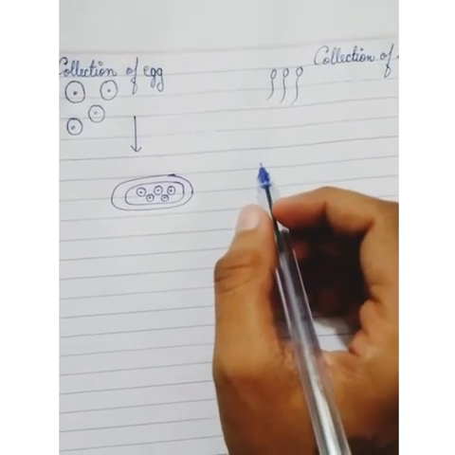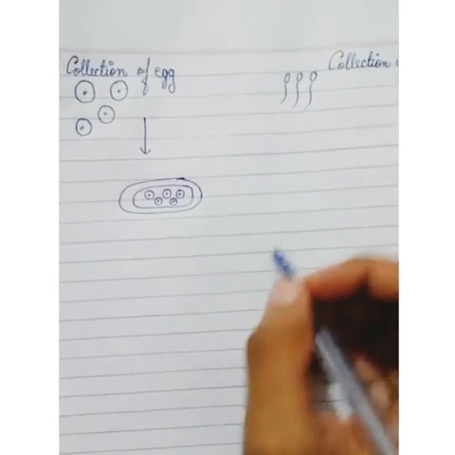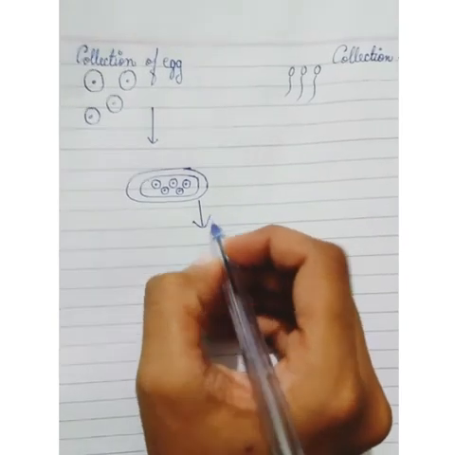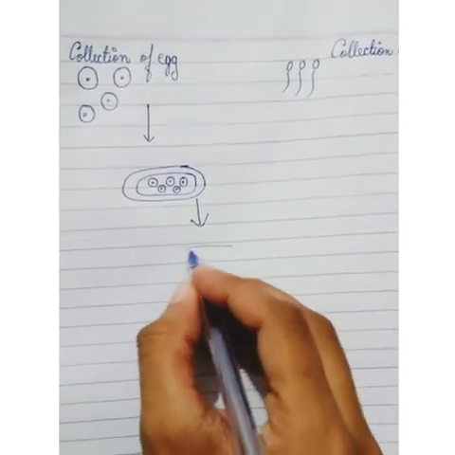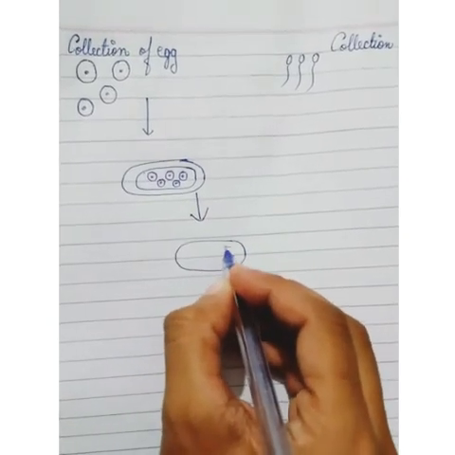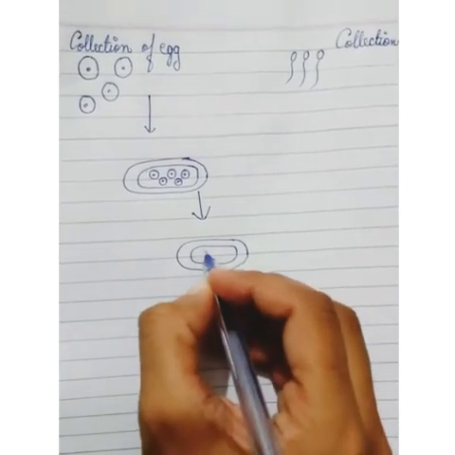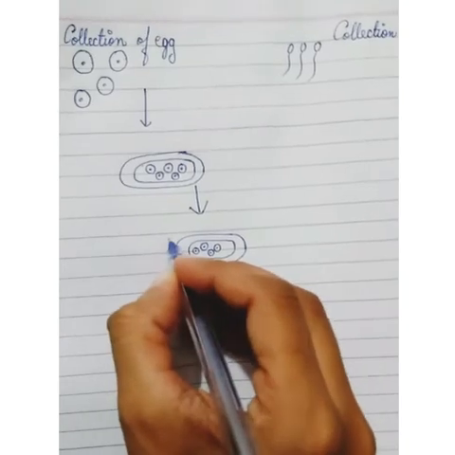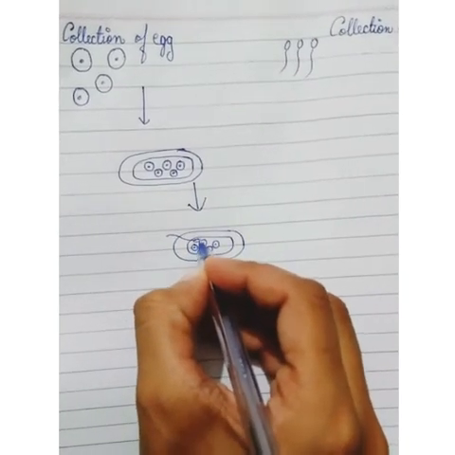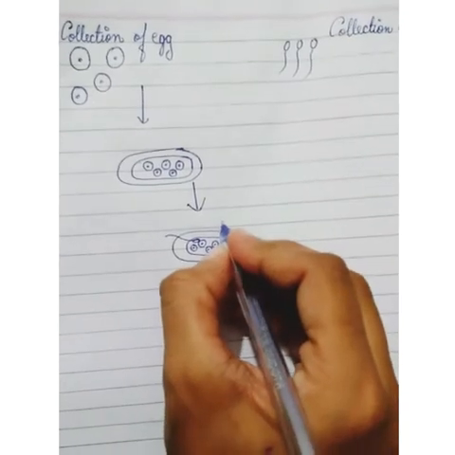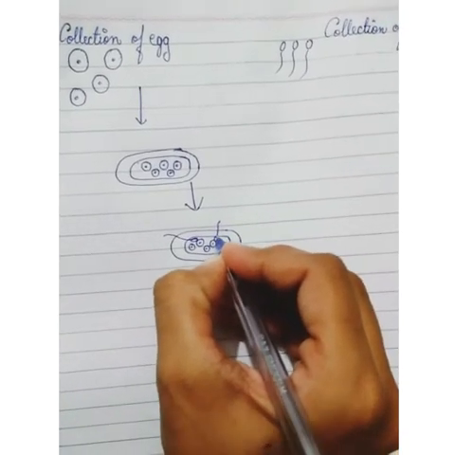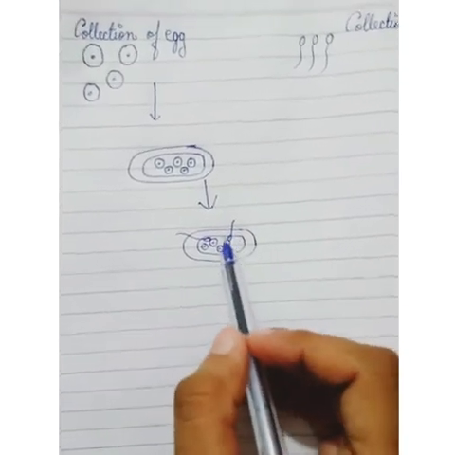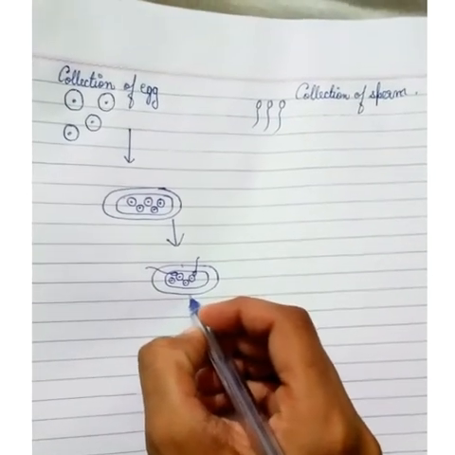Insemination means the sperm are put near the eggs. The eggs are put in media, and the sperm are brought close for the fusion. Now the fusion is done. When fusion is done, the zygote is formed.